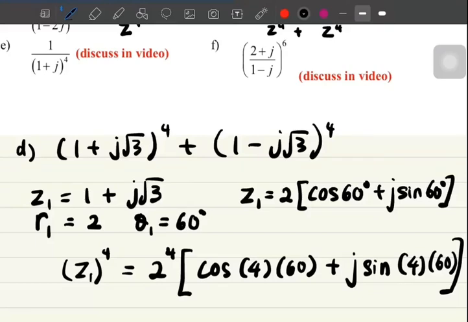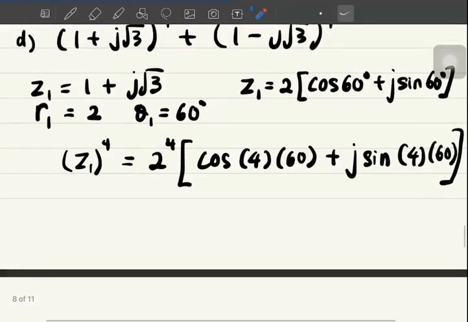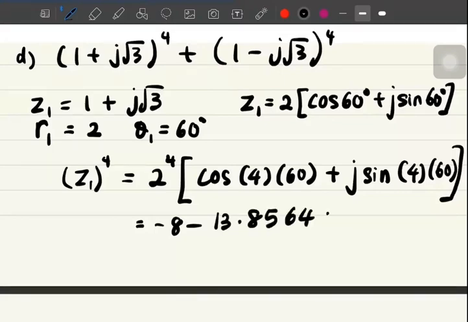Okay, so soalan ni dia minta jawapan akhir dalam bentuk A plus BJ. So you kena ubah, jadikan dia dalam bentuk A plus BJ lah. Okay, so if you simplify this one, you should get your answer is equals to negative 8 minus 13.8564 J.